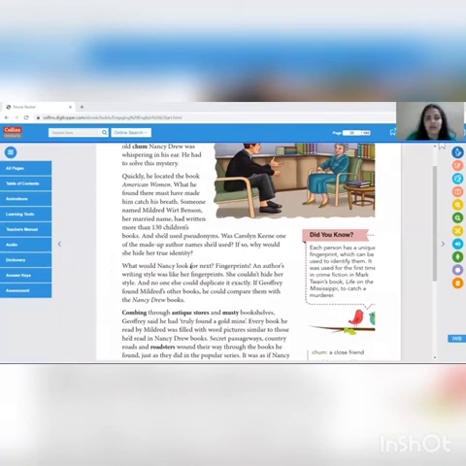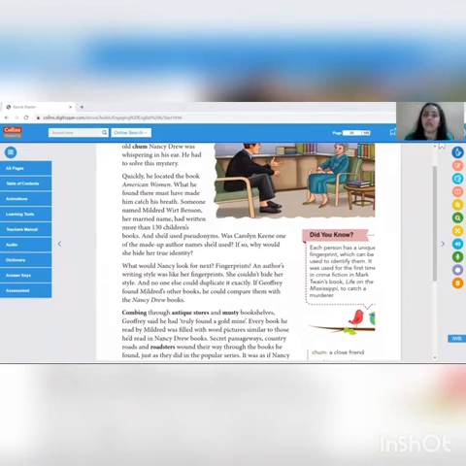What would Nancy look for next? Fingerprints. And how does he connect this? Because Nancy was a detective. Every detective, every investigation, you might also have seen on television, in movies, begins with the fingerprints.